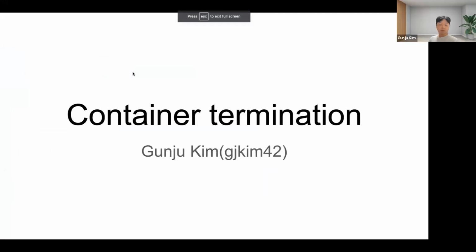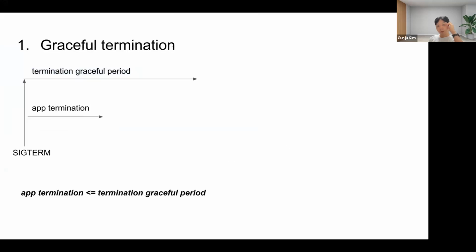I just made this slide to make sure that we all are on the same page. Each slide represents a specific container termination scenario. The first one is graceful termination.